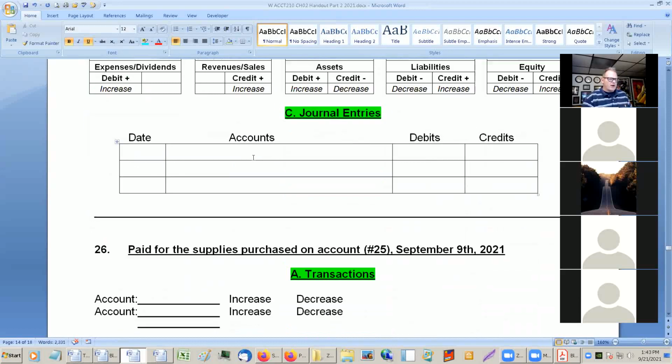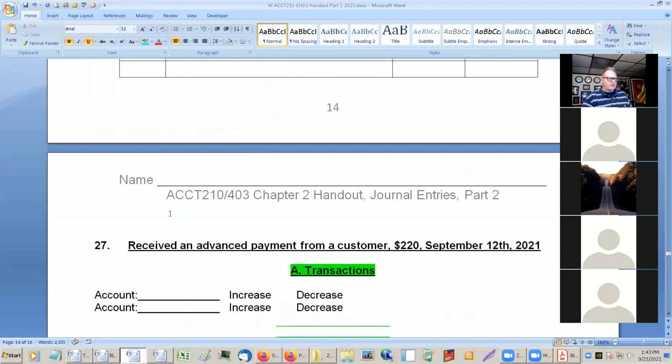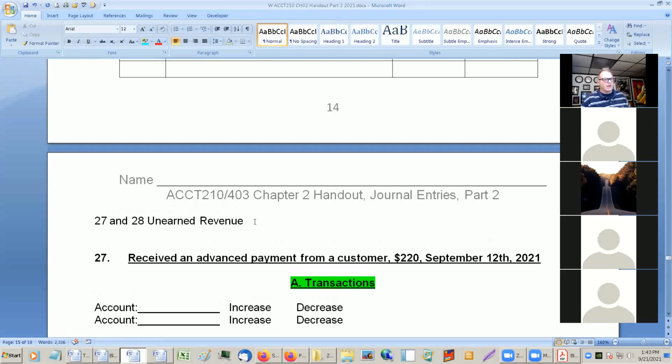If you want to try 27 and 28, these are tricky in that these are unearned revenue ones. You can give it a shot, and we'll go through them.